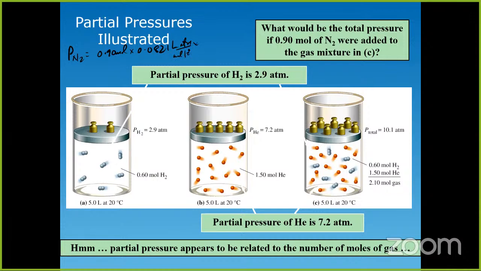What's the temperature? 20 degrees, which is 293 Kelvin, and then divide that by the total volume, which is 5.0 liters.